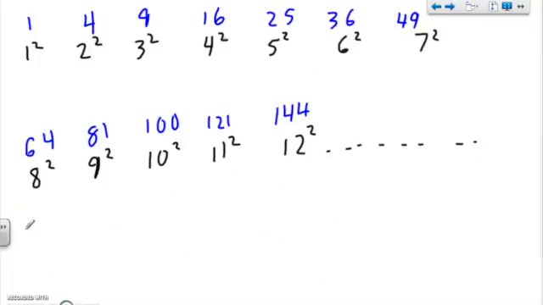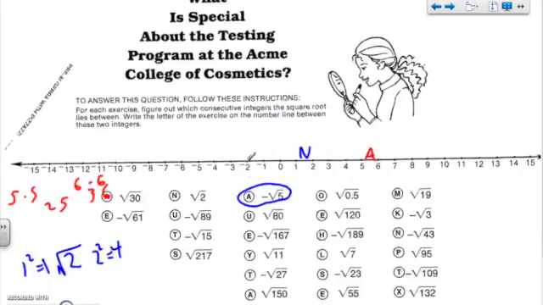So, when we look to see which of these that the 5 is going to fall between, 5 is going to fall between 4 and 9. Which means the square root of 5 has to fall in between 2 and 3. Now, it did have that negative in front of it, so we are going to want the number to fall in between -2 and -3. So we're going to put another A right here.